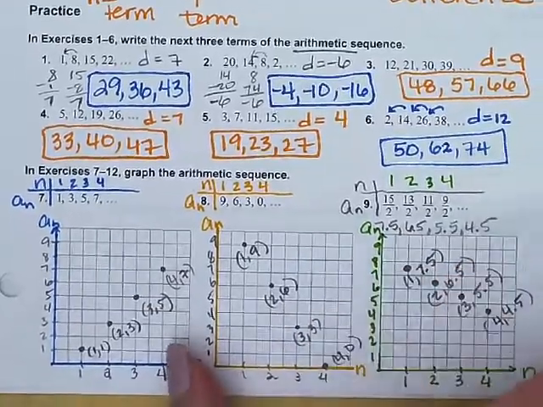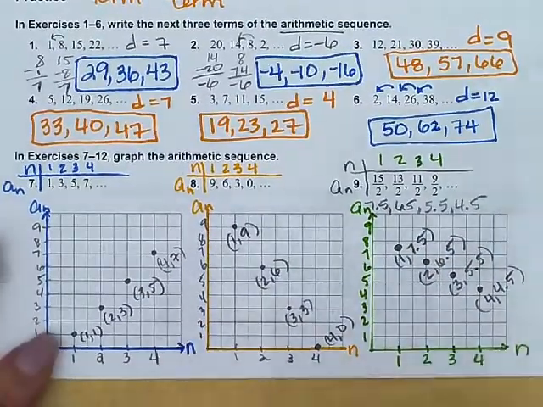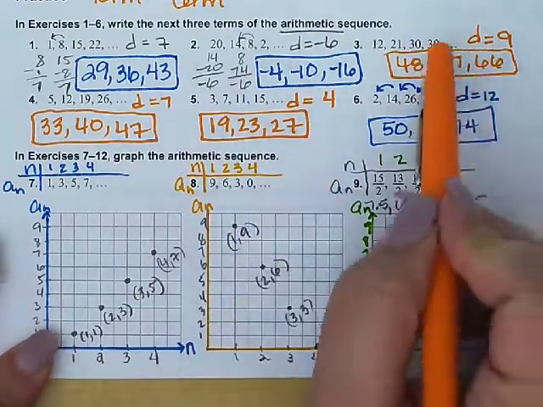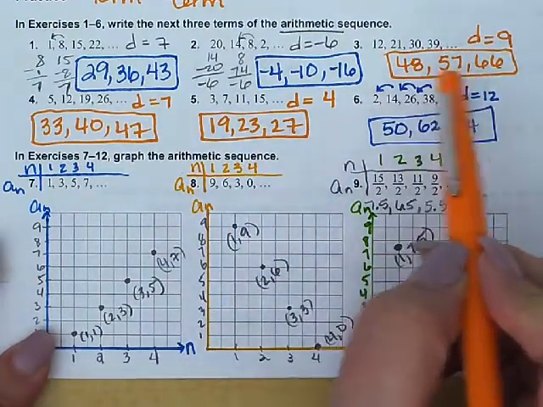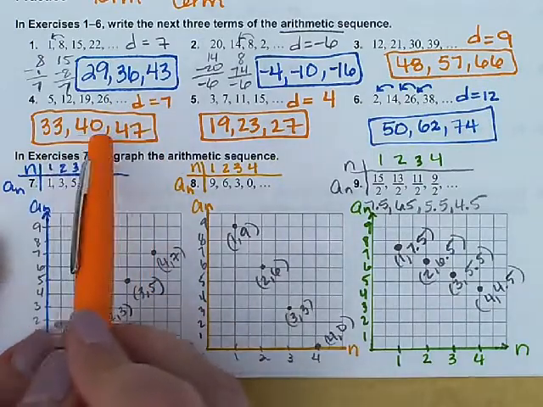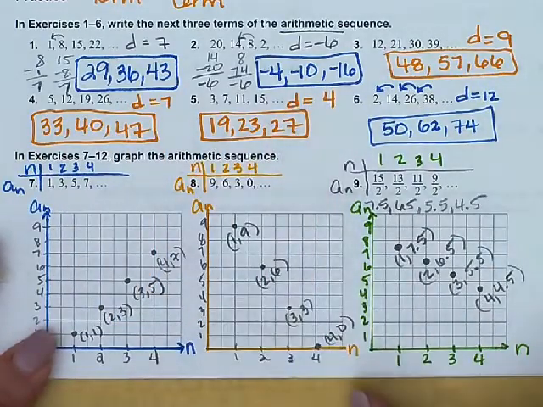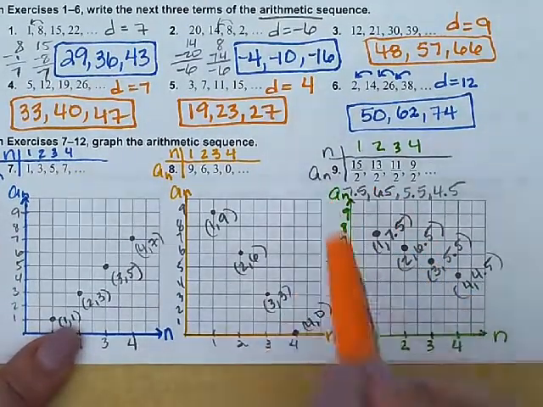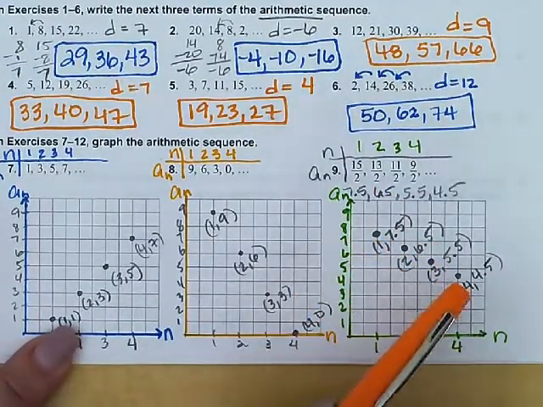Okay, so on these, I went ahead and finished out all the ones that we hadn't done. If you wanted to check, if you tried 3, 4, or 5, they're in orange up here. There's your common difference and the next three values for each one. So you can check those. And then coming back to where we left off on number 9, this is what those points would look like.